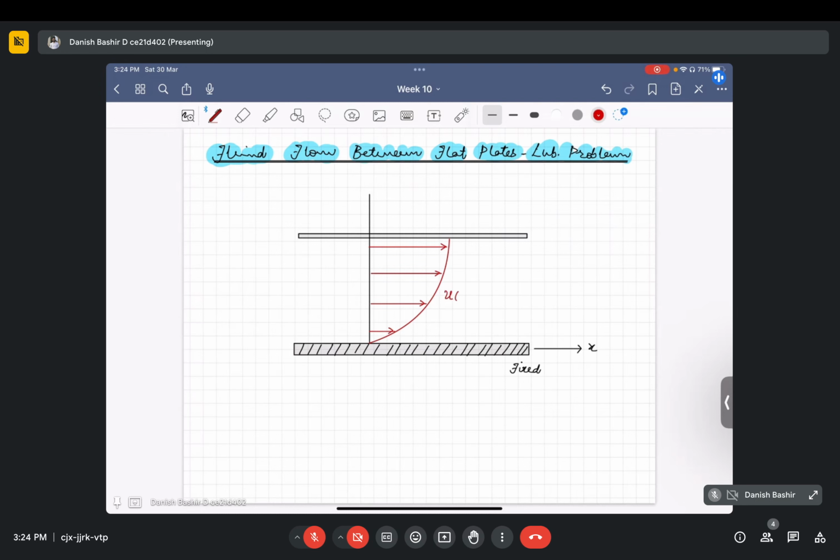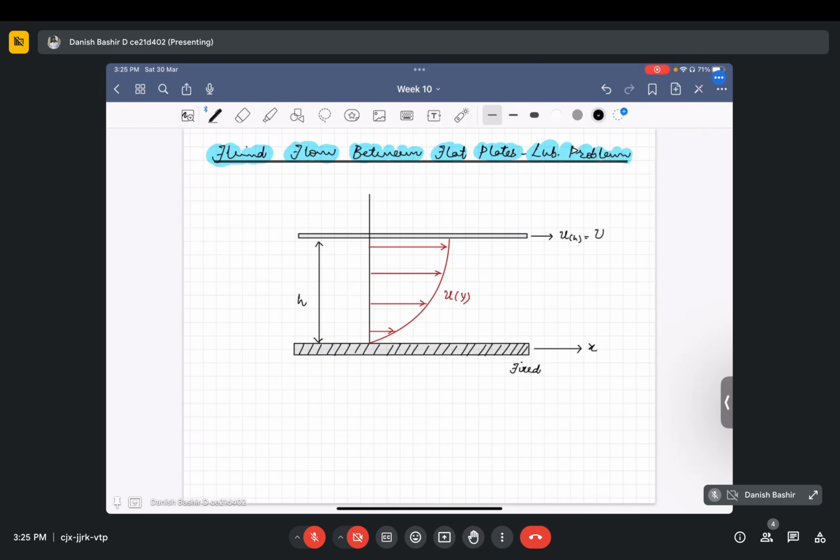The distance between the two plates is h, height h. And here the velocity of the flow at h is equal to capital U. This is the maximum flow velocity that the fluid can have.